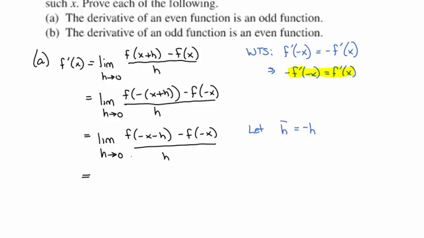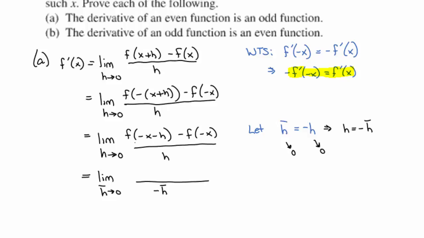So let's see. If I make that substitution, if h is going to 0, then h bar also is going to 0. So that means that I'm still taking the limit of something going to 0. H downstairs is replaced with h bar, which, by the way, that means h is the opposite of h bar. So let me go ahead and write that down.